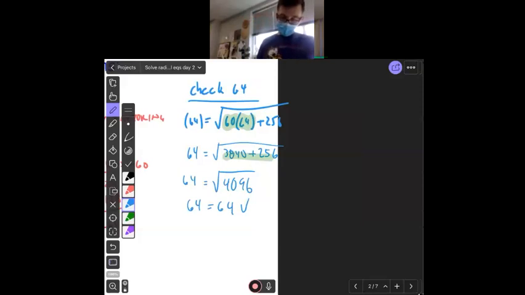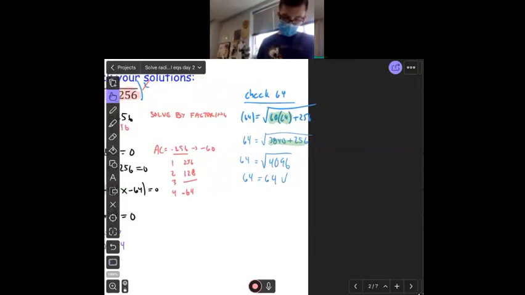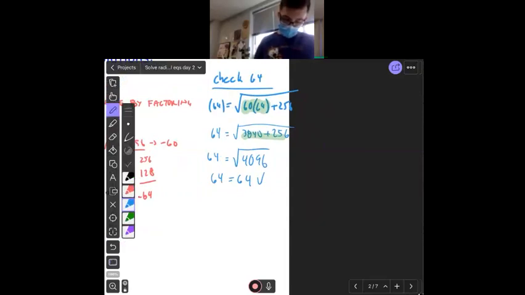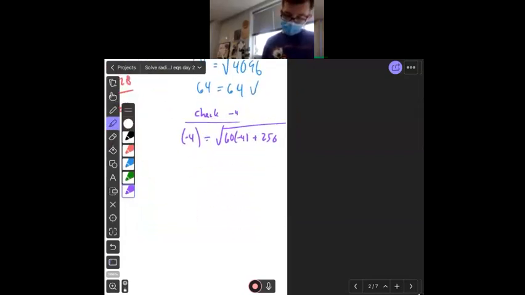So 64 works. Let's check negative 4. So negative 4 equals, that was what, square root of 60 times x, so negative 4 plus 256. Start in the same place, I need to multiply first.